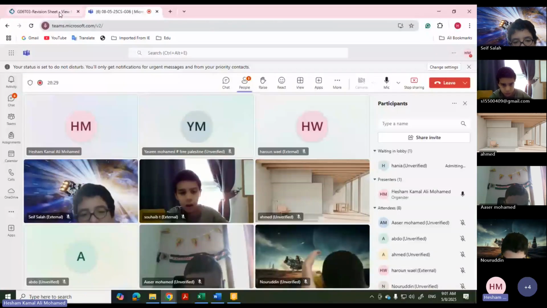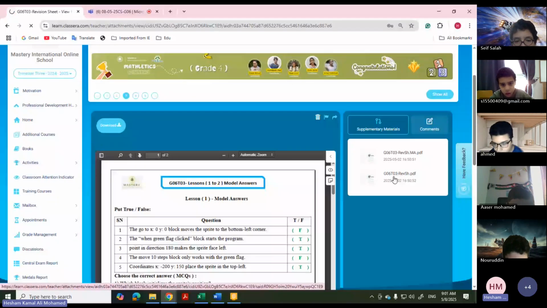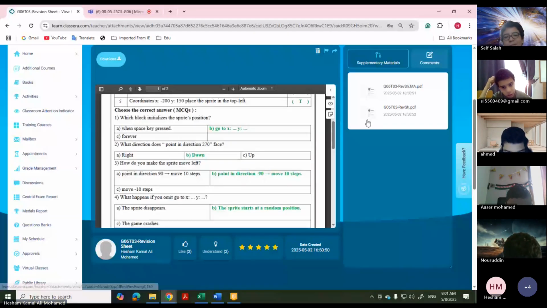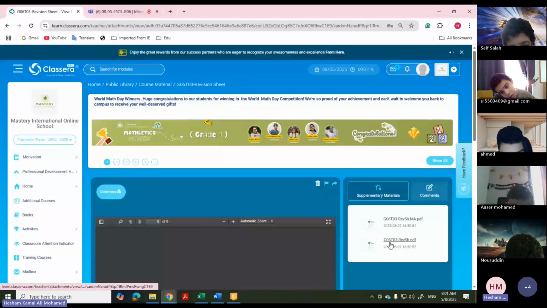Again, we have 2 files. One of them has the model answers. This is the one. If I need it without the model answers, what will I do? Here, as you can see, it's with the model answers. Model answers are all in green. If I need the sheet without the model answers, I'll go to the second one. See what happens here when I click on the second one. Here, the same questions with no answers.